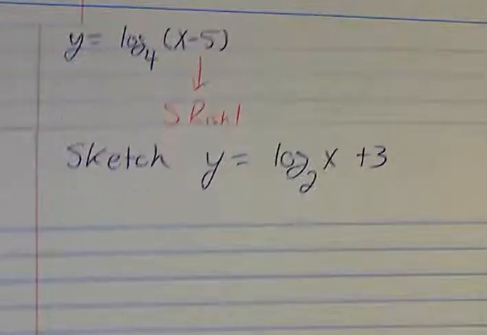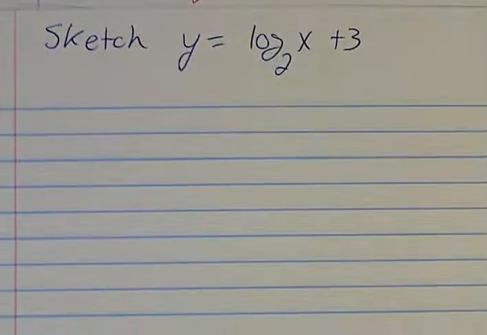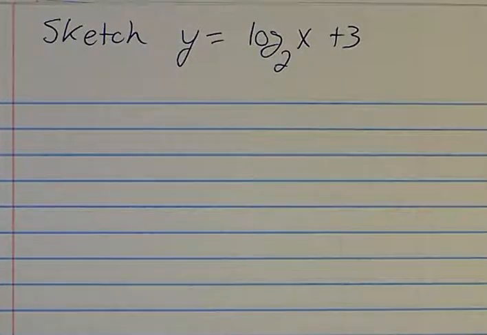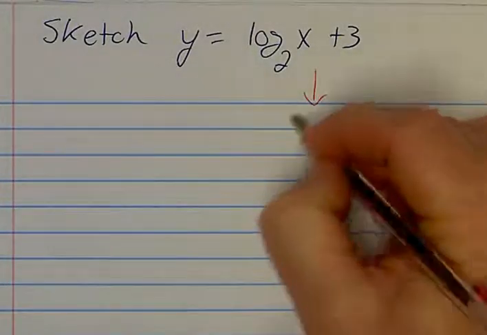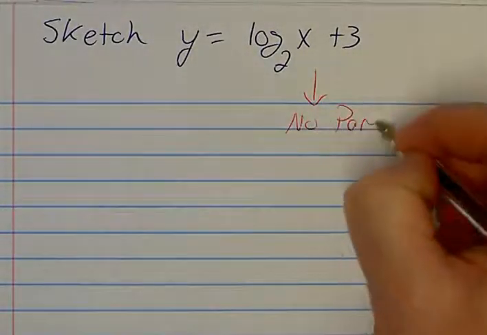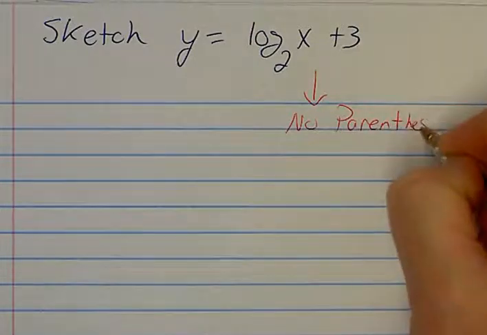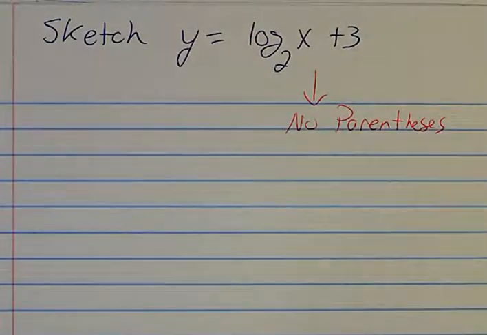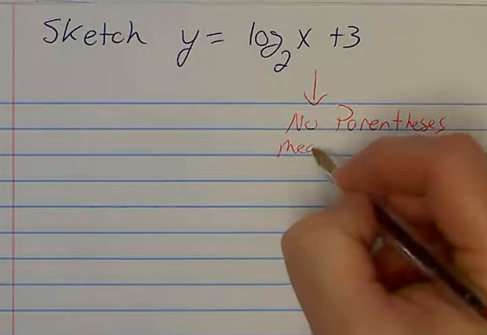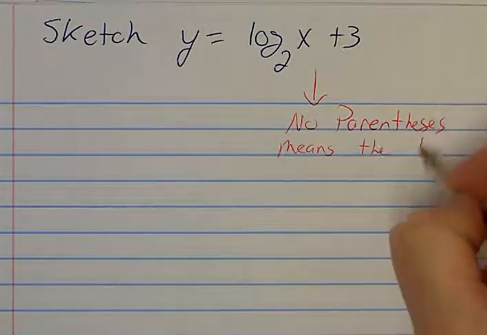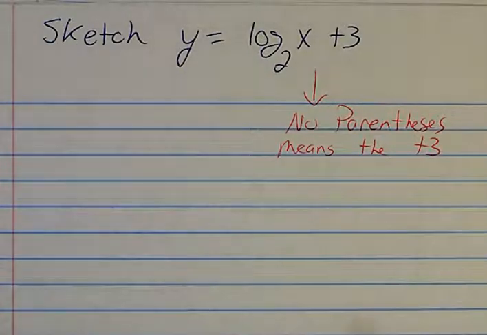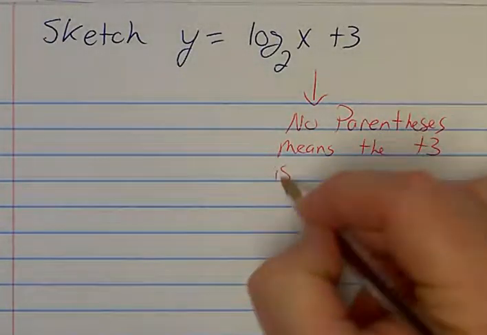No. So if you have no parentheses, that means the number has to be on the outside. So that plus 3 is on the outside.